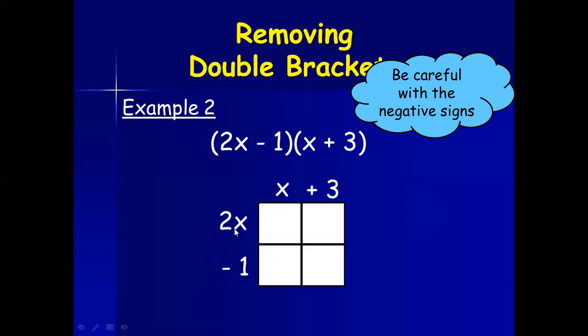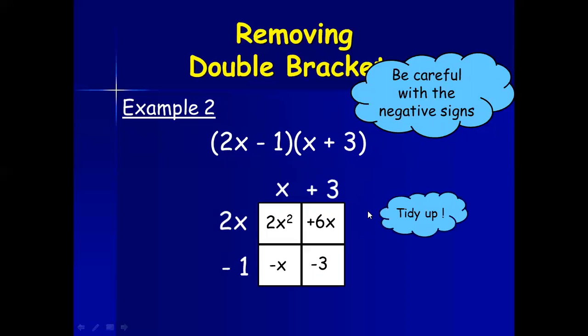First of all, I will multiply 2x by x, which will be 2x power 2, and I multiply 2x by 3, which will be 6x, and then I will multiply -1 by x, which will be negative x, and then I'll multiply -1 by 3, which will be -3.